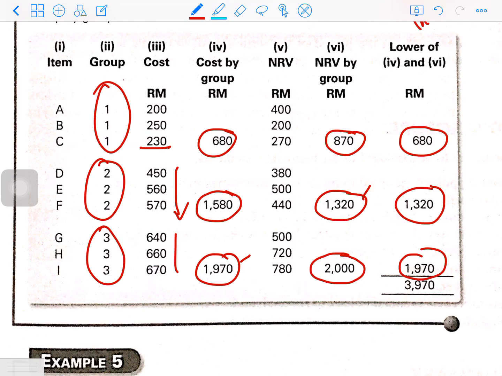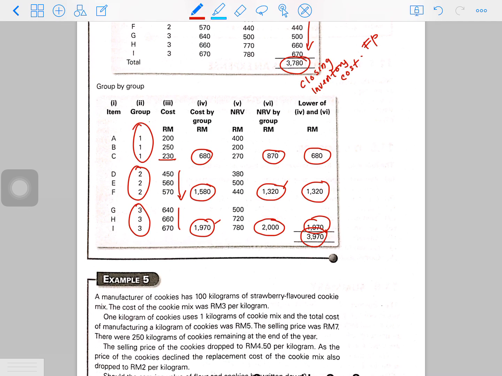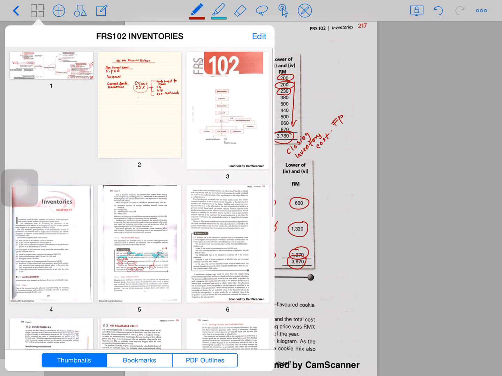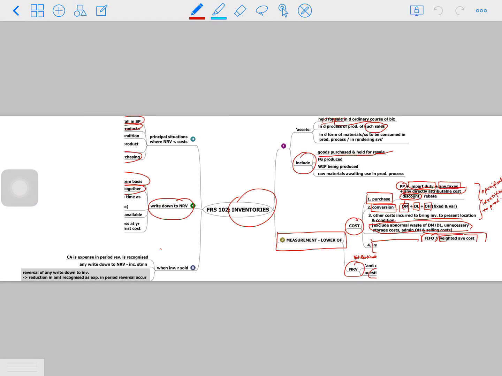And the total cost of this will be 3970, which becomes the closing stock of your inventories in the financial position. Okay, so that's how we use the information given by FRS 102 on inventories regarding how to value inventories. It should be at the lower of cost or net realizable value. So I guess that's all in terms of the theory part.